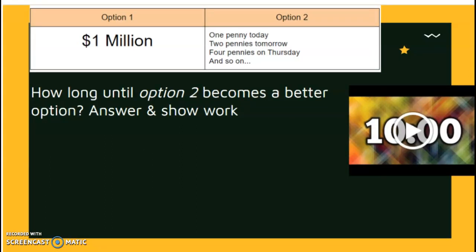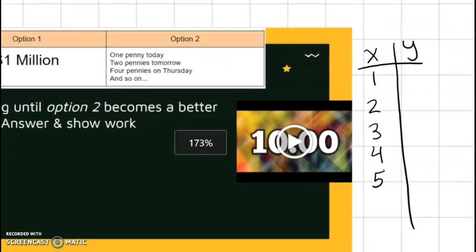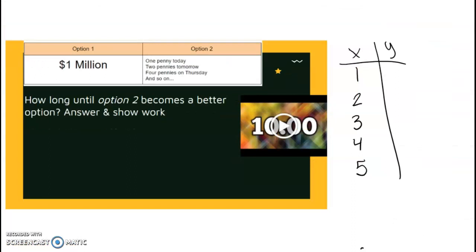Now that you have paused the video, I'm going to go over question 2. How long until option 2 becomes a better option? I created a table that I'm going to show you. Here's my table. On day 1, I gave you 1 penny, and on day 2, I gave you 2 pennies. So now you have 2 cents on day 2.